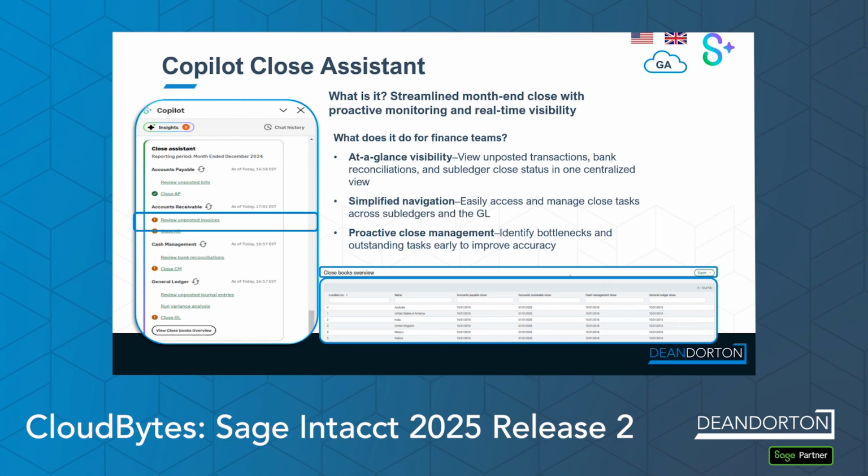Whether that be, hey, here's the windows you need to go to, here's the reconciliations that need to be done, or whether it's actually helping you with the variance analysis tool to say, here's where your variances are, deep dive into these, and even let's help make some adjustments to these types of things as well, right? So I think that Close Assistant is going to be a fantastic tool. It's going to be something that really does contribute to that continual close process inside of Intacct.